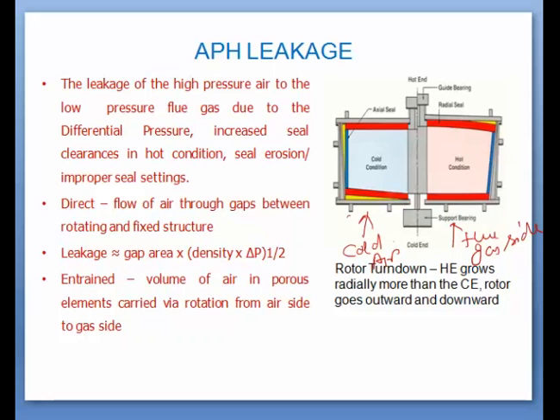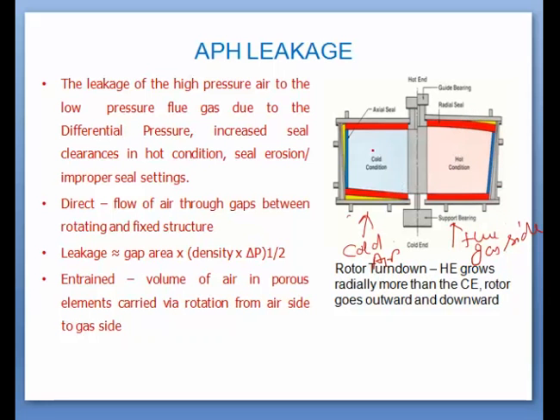So this is the cold air side, this is the flue gas side. Why is this pressure difference there? Because this cold air is supplied either by the FD fan, if it is the secondary air, or by the primary air fan. So these two fans develop positive pressure, while the flue gas is being sucked by the ID fan.